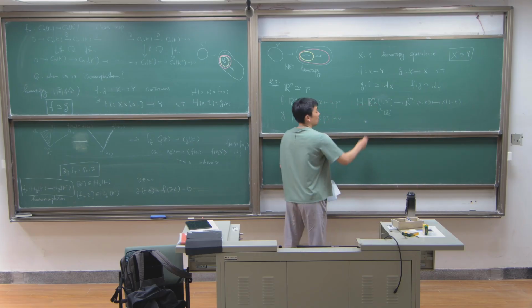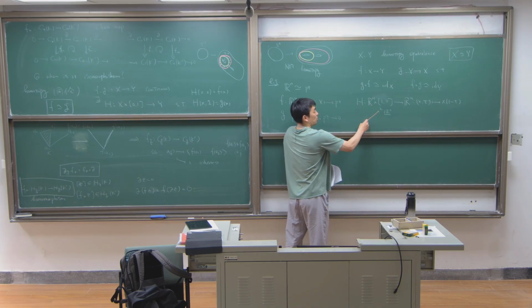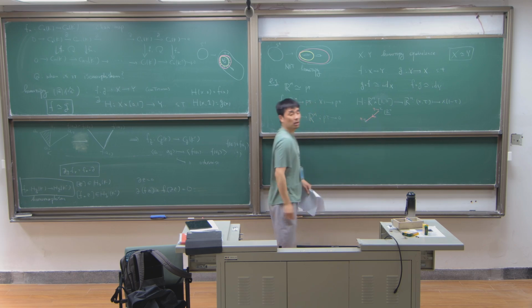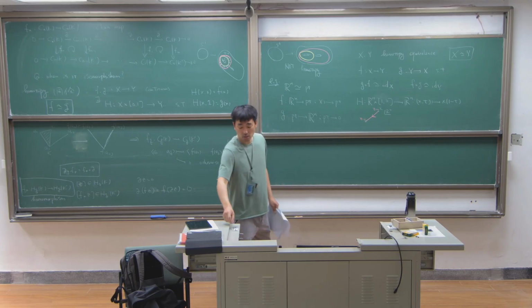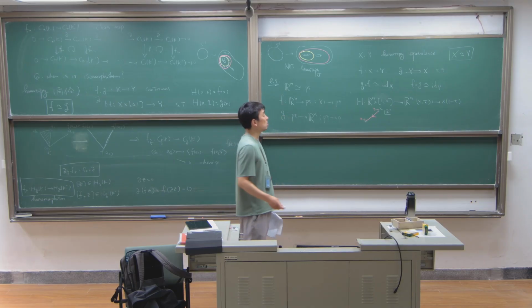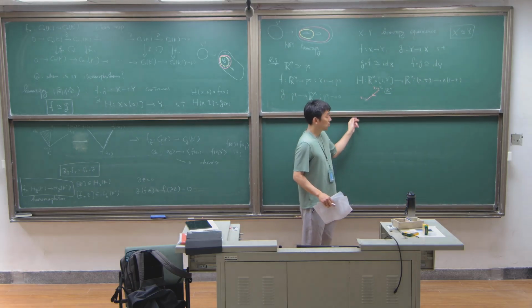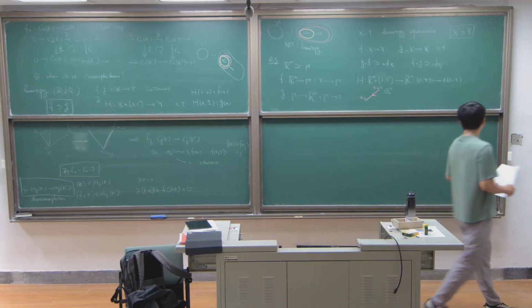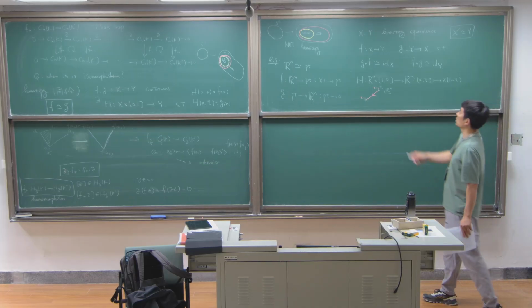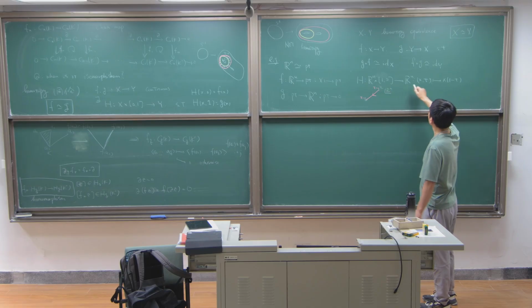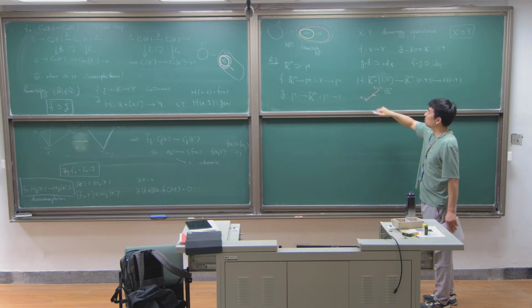So it just maps between these two points. So this will induce the homotopy between Rn and the point.